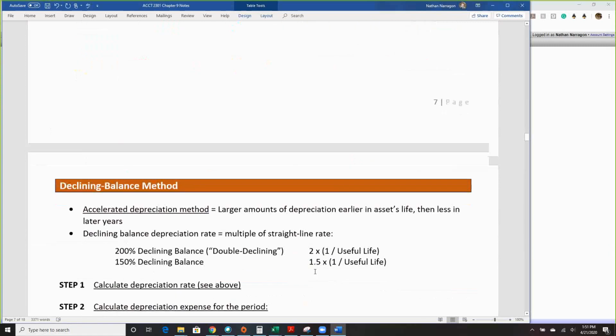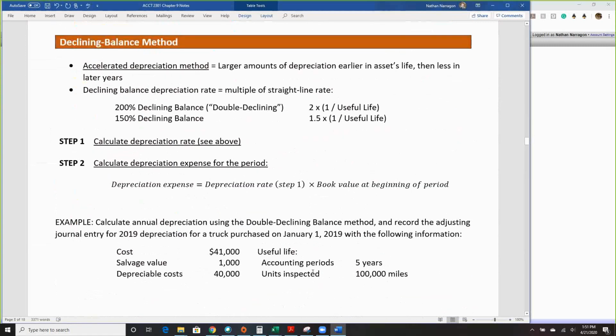So, when we look at declining balance, these methods alone are basically known as accelerated depreciation, which basically means that we take larger amounts of depreciation earlier in the asset life, and less depreciation as we go longer. And there's two really typical types of accelerated. One is 200% and the other one's 150%.